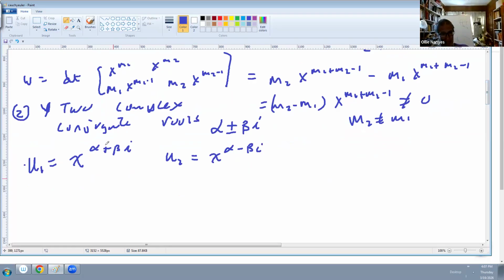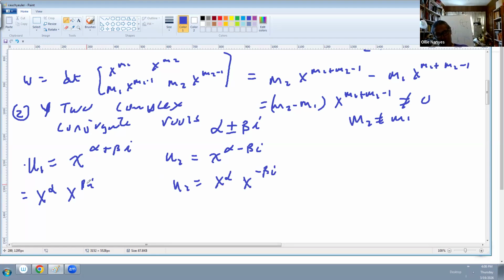But this here, you kind of say, what the heck is x to the bi? Well, this is x to the alpha, and we use this x to the bi. And this other one is x to the alpha, x to the minus bi.